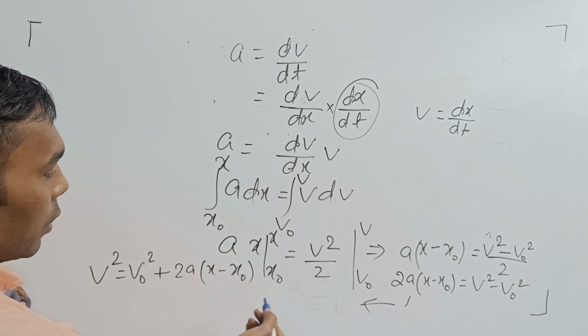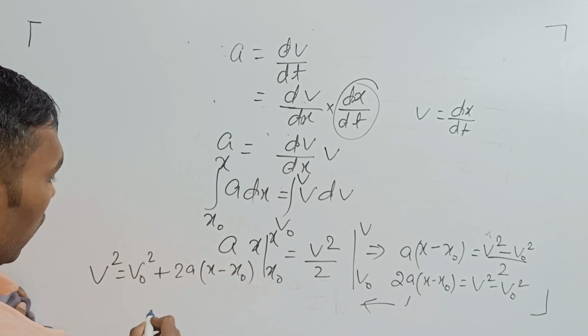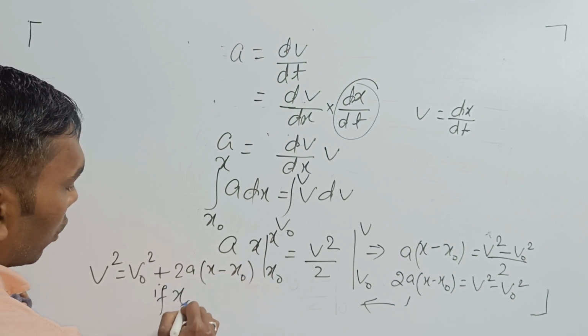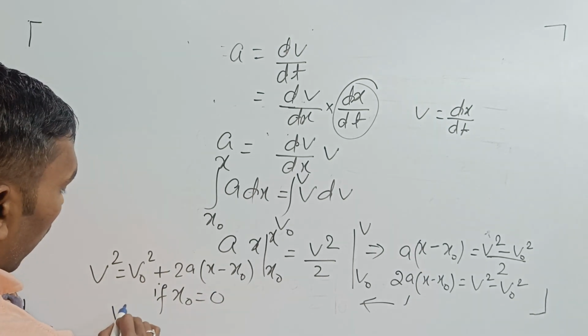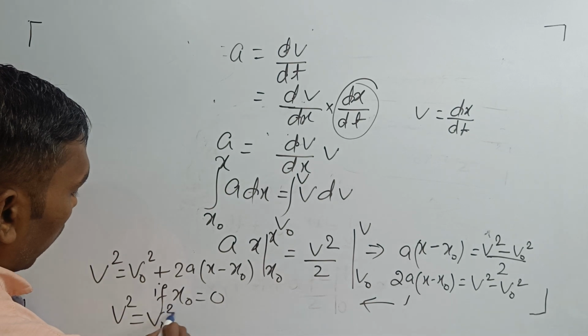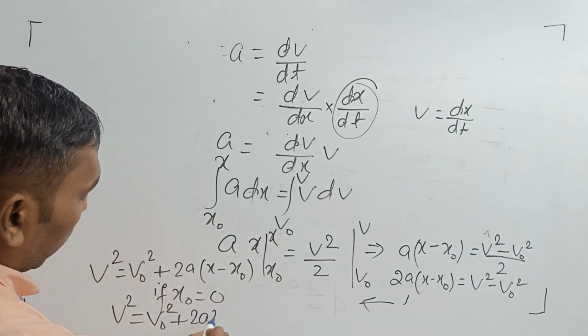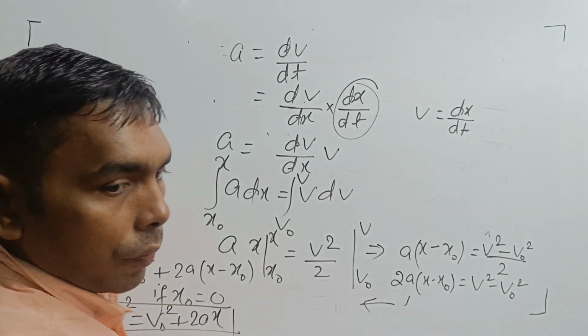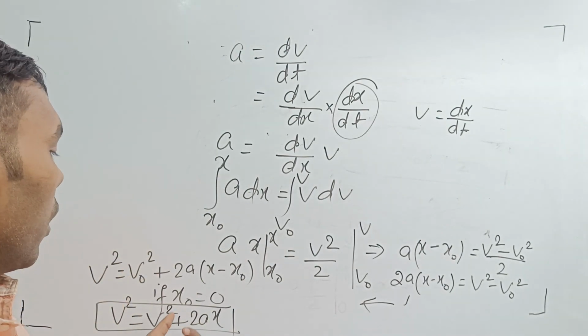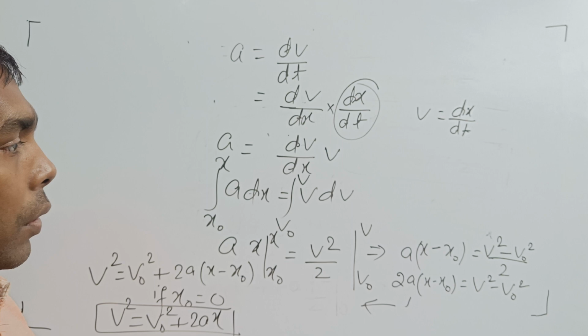If our x naught is 0, then what happens? If x naught, initial position, we say 0, then v square equal to v naught square plus 2ax. This is the third equation.